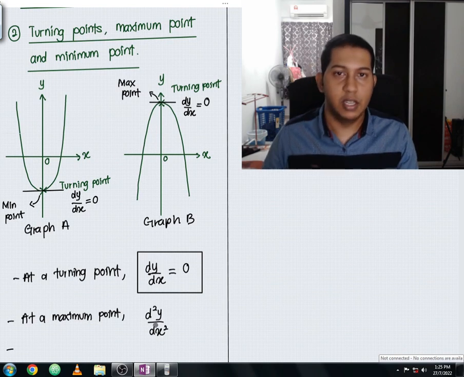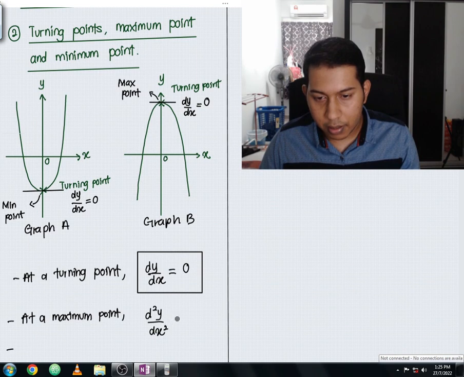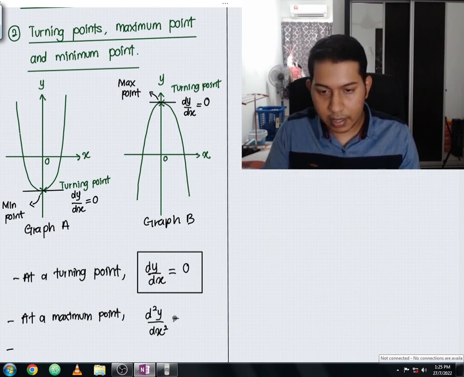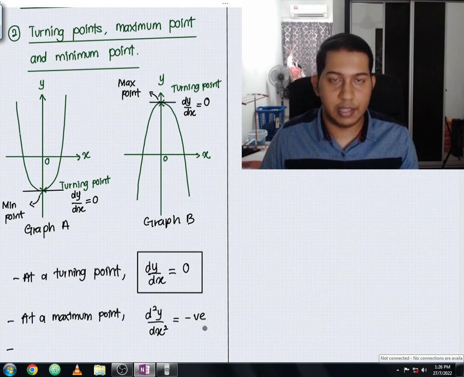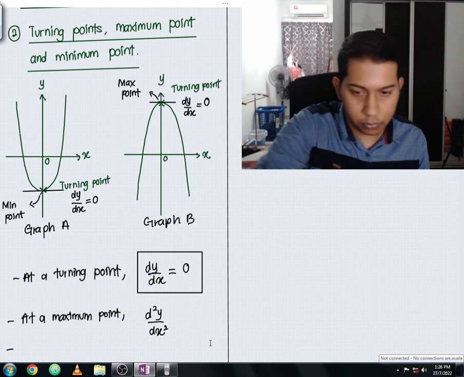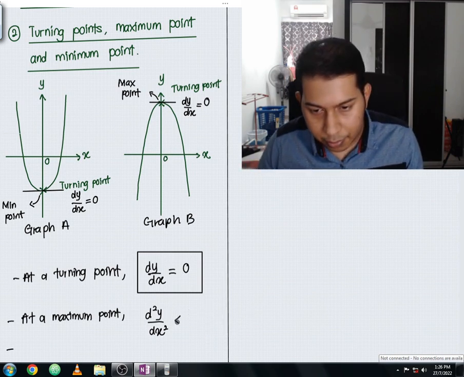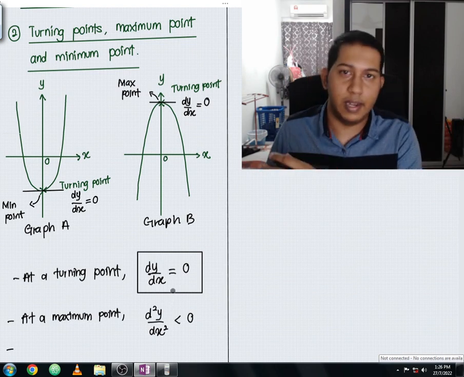You need to perform this differentiation 2 times, and the answer you should get is a negative value. To make it simple for you, it should be less than 0. Less than 0 means of course it's a negative value.